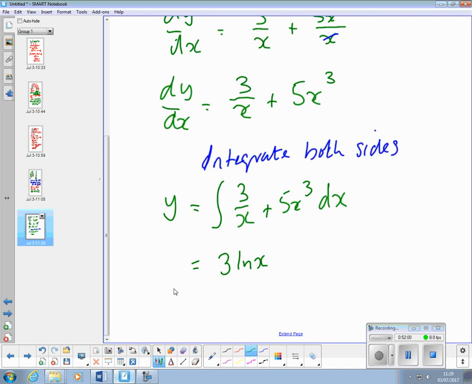And integrating this, it's going to be plus x to the 4 times 5 over 4, plus c. 5 marks for that.